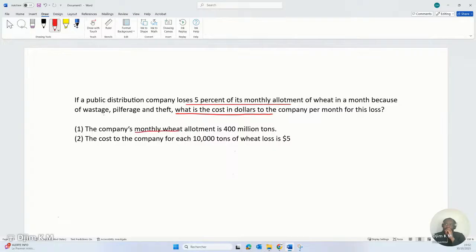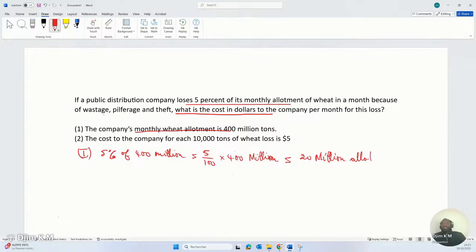We have the monthly allotment, so 5% of 400 million is actually 5, which is equal to 20 million allotment of wheat.